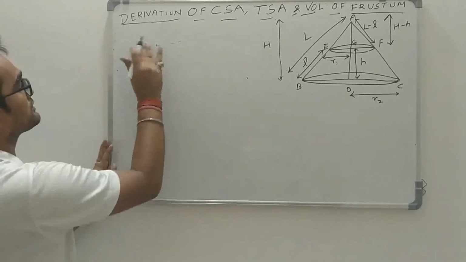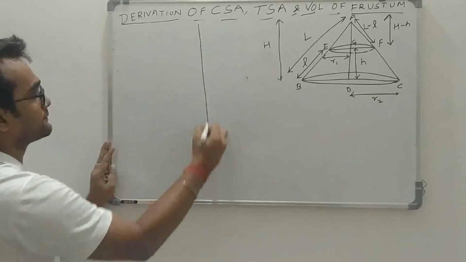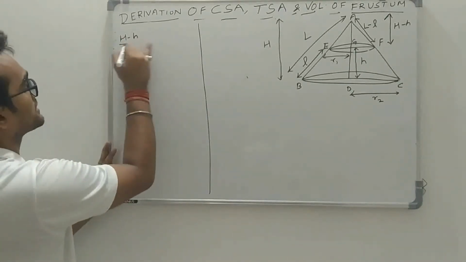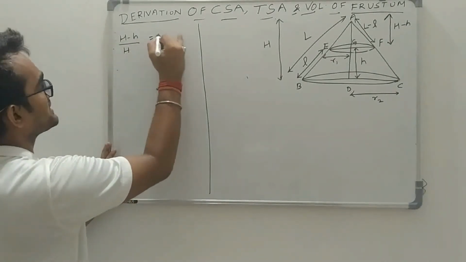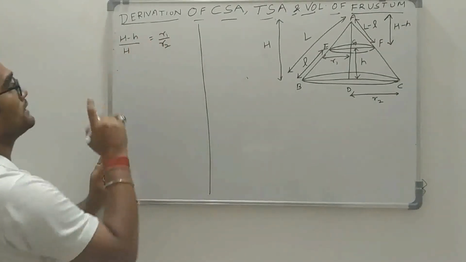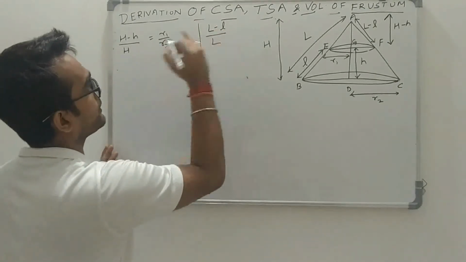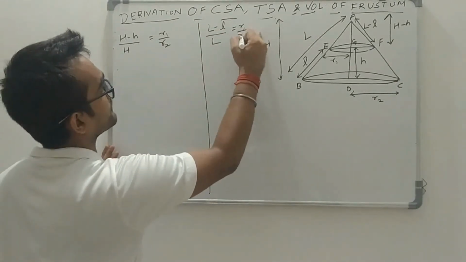My last step was that I have to compare two things. The first one was H minus h upon H is equal to R1 upon R2, and the next one was L minus l upon L is equal to R1 upon R2.